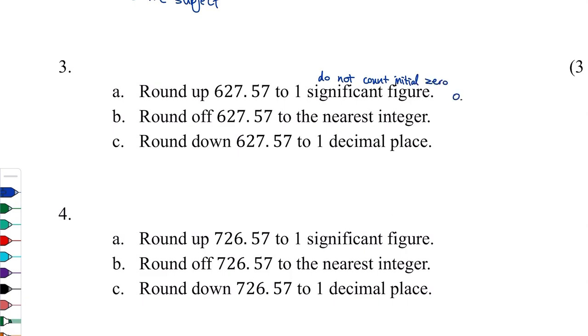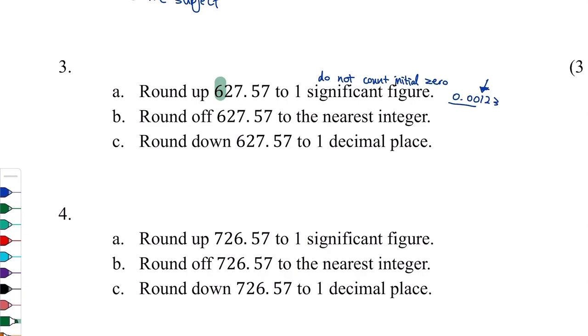For example, if the question is 0.0123, these zeros are not counted at all. So if I need 1 significant figure, it will be this value. But if there's no zeros in front, then we will count that. So this is the only significant figure that I want.